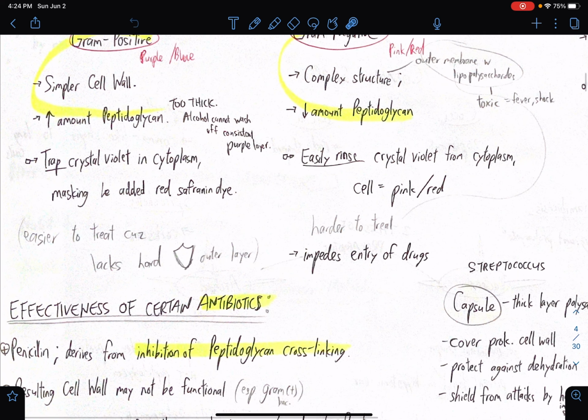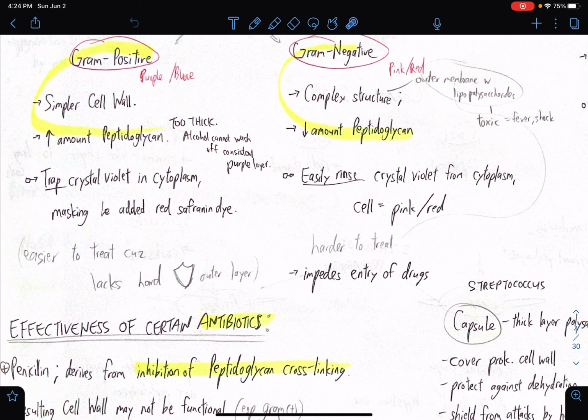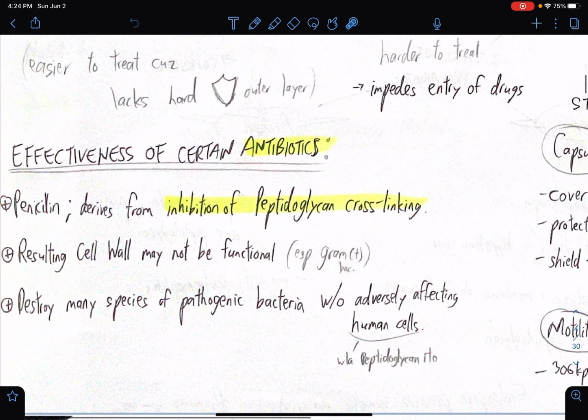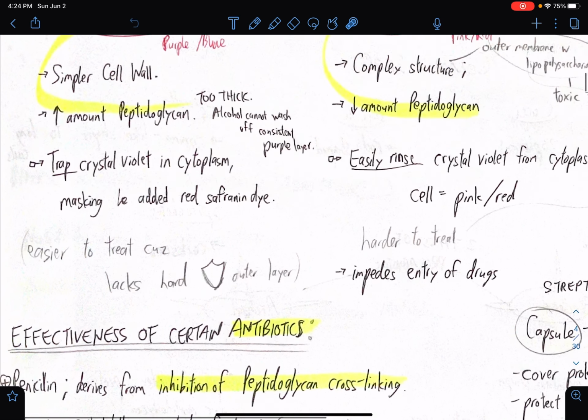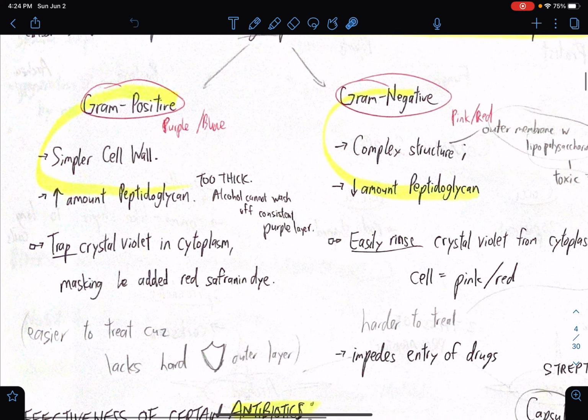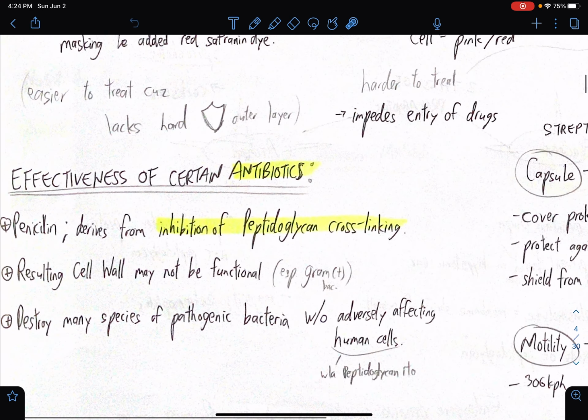By inhibiting peptidoglycan cross-linking, bacteria, regardless if they are gram-positive or gram-negative, are not able to carry out their reproductive processes. So the resulting cell wall may not be functional, especially for gram-positive bacteria, because again, for gram-positive, the cell wall is simpler, and it's easier to treat overall.